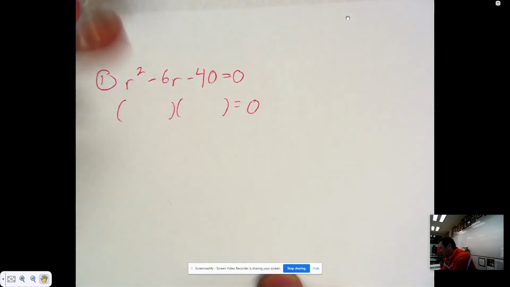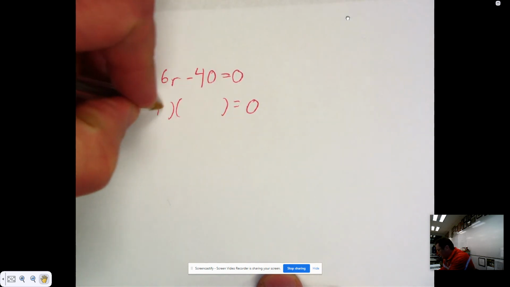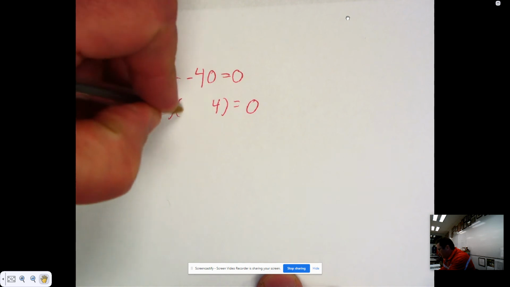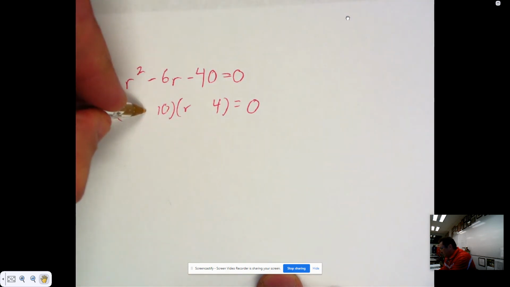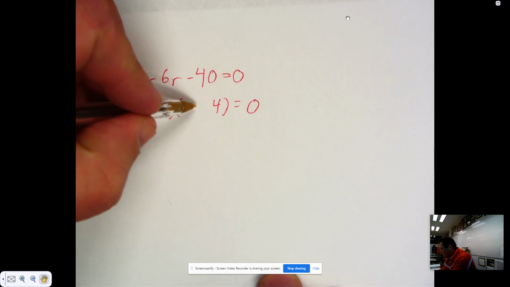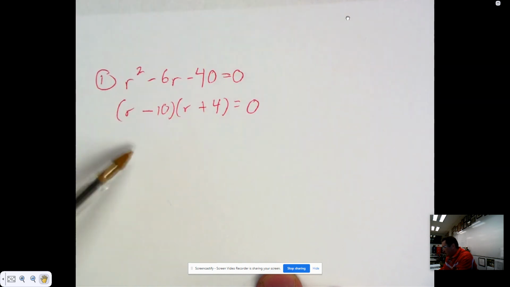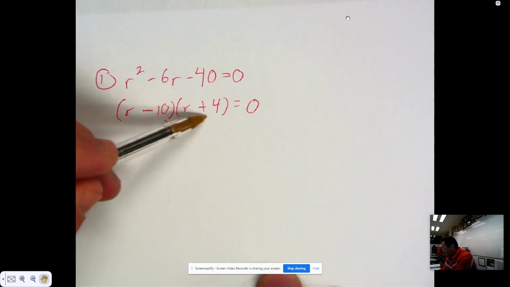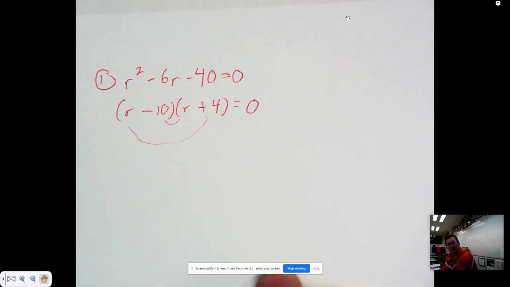Those two numbers are 10 and 4. Since this is a minus 6r, if we multiplied this out, minus 10 plus 4 is minus 6.